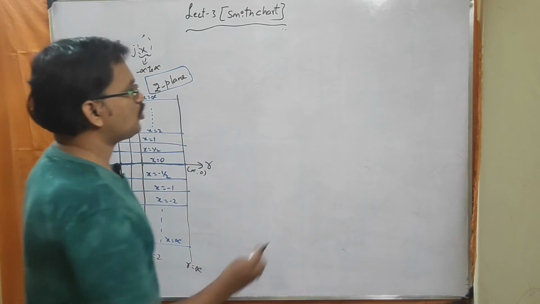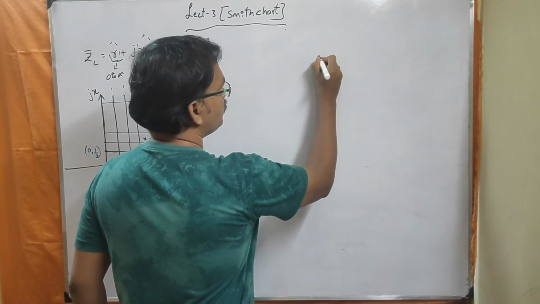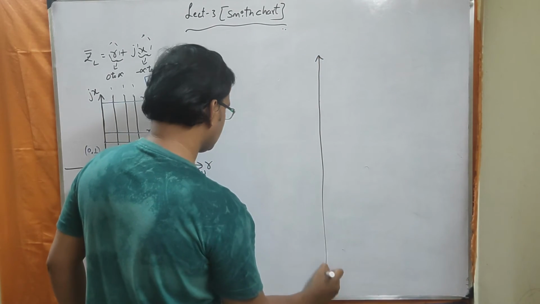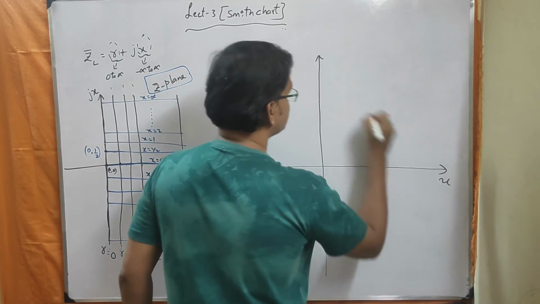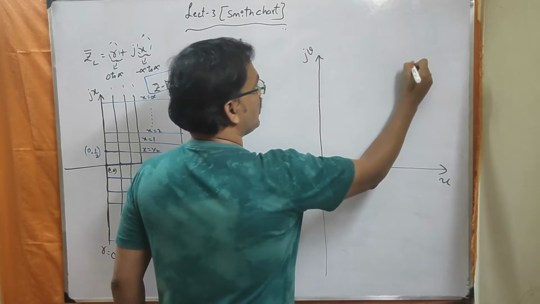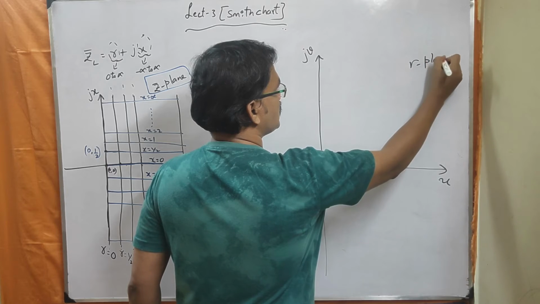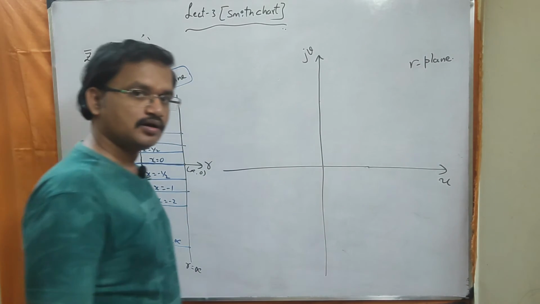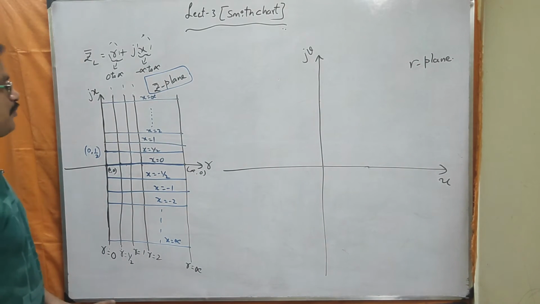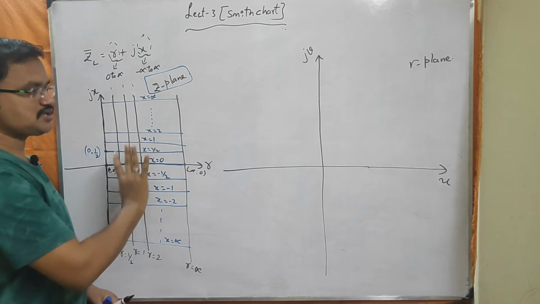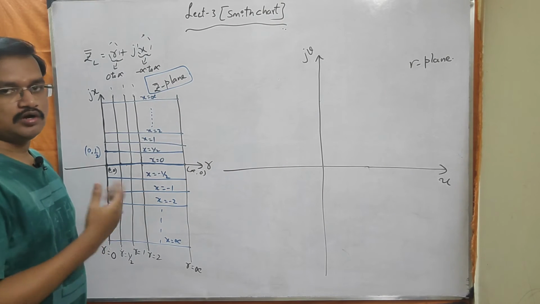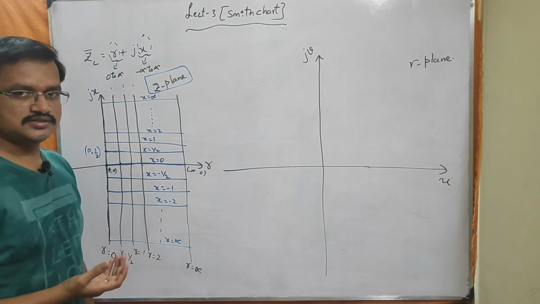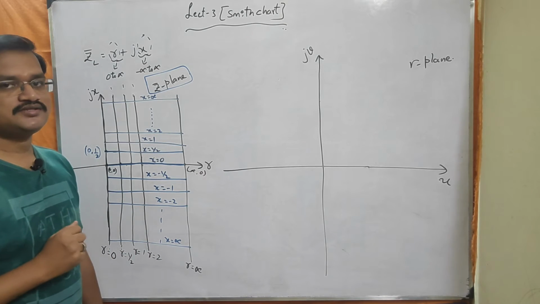Okay. So now we are going to superimpose those constant resistance circles and constant reactance circles. So this is the U axis, and this is the Z axis, and this is the gamma plane. Okay, so whenever we try to map all the possible values of resistances and reactances onto the gamma plane, we got what? We got constant resistance circles and constant reactance circles.